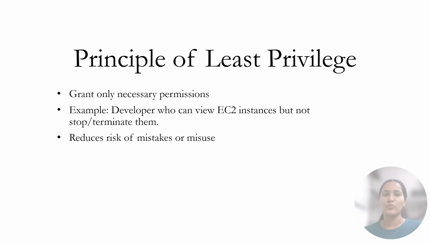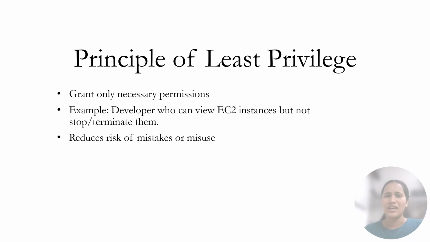One of the most important aspects of IAM is the least privilege principle, which means giving each user or service only the permissions they absolutely need to perform their task.